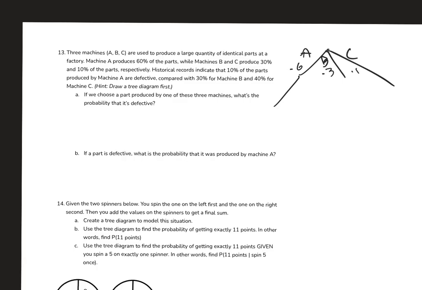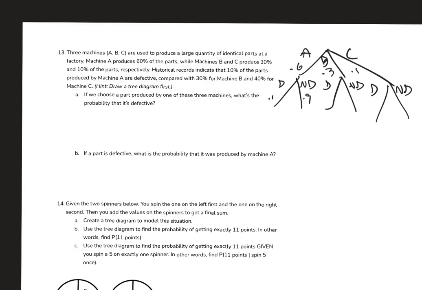We also know that we're going to have either defective or not defective, and we're going to have that for each of these: defective, not defective, and defective, not defective. So then we have our conditional probabilities, which are that out of all the parts produced by A, about 10% are defective, which means that 90% are not defective.